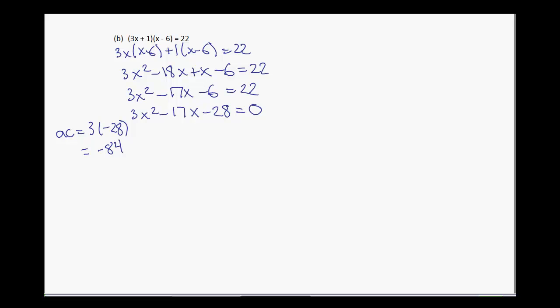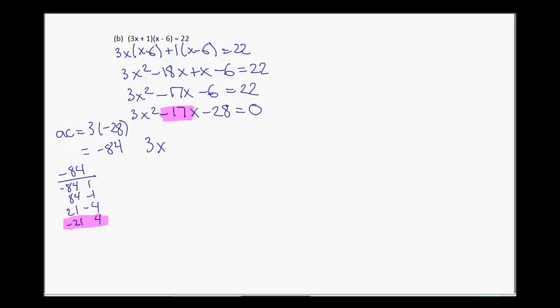So now we need two numbers that multiply to negative 84 and add to negative 17. Factors of negative 84 are negative 84 and 1, 84 and negative 1, 21 and negative 4, or negative 21 and 4. I'd say negative 21 and 4 here are our factors, so let's plug those in.